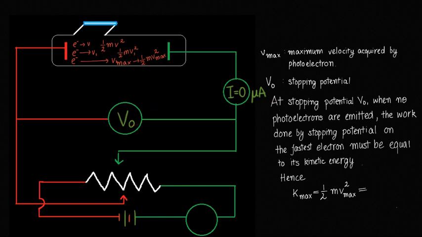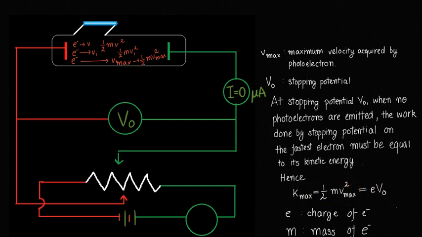The work done will be the charge of the electron e multiplied by the potential V naught. Here e is the charge of the electron, and m is the mass of the electron. So the stopping potential's work done will be eV naught, which should equal half m v max square.